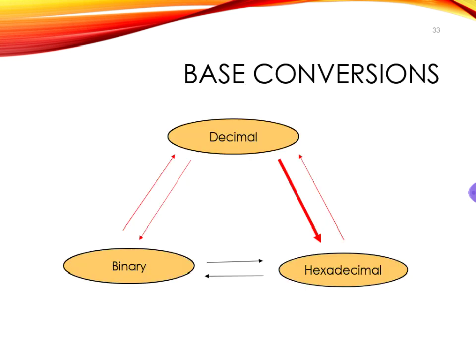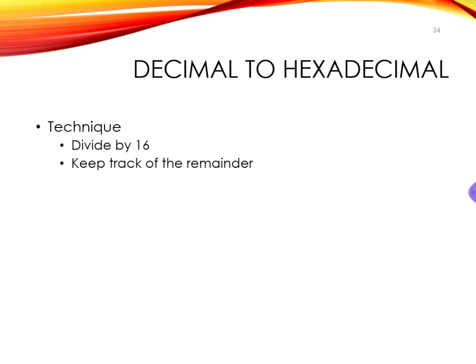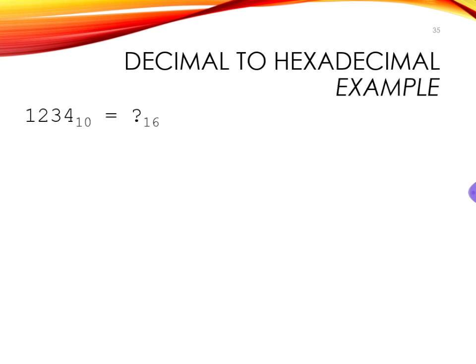So now let's look at the other way around. Let's try to convert a decimal into a hexadecimal number. In this case, we are going to do it by the division technique, and we have to keep track of the remainder for each division.